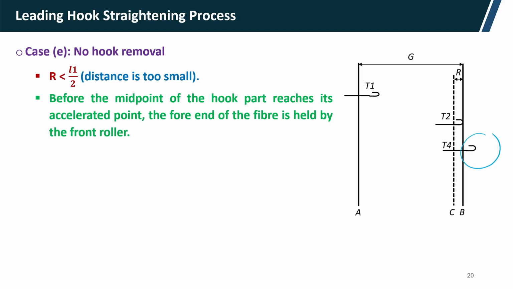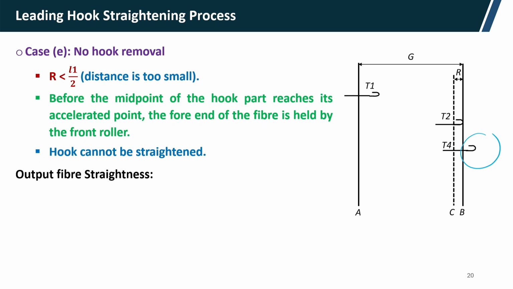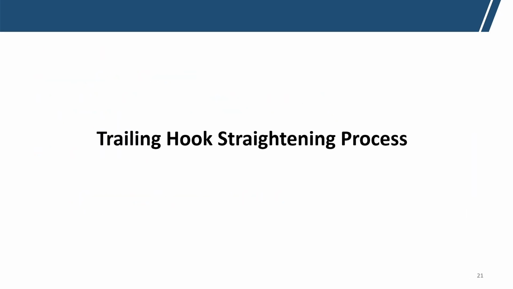So, there is no chance of the leading hook being removed. For very small r, the hook cannot be straightened, so the output fiber straightness will be eta dash equal to eta. There is no hook removal, so both the input and output fiber hook straightness will be the same.